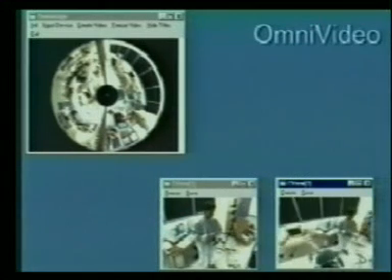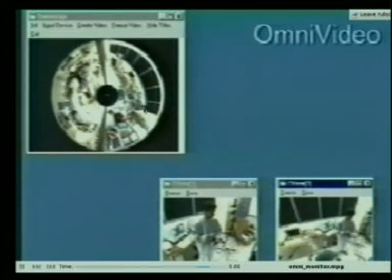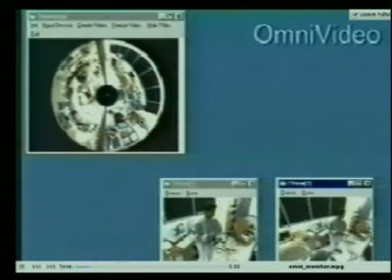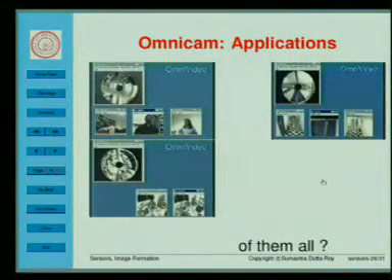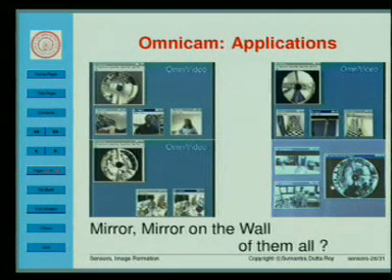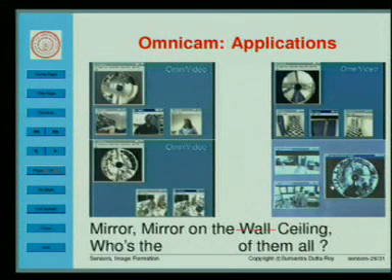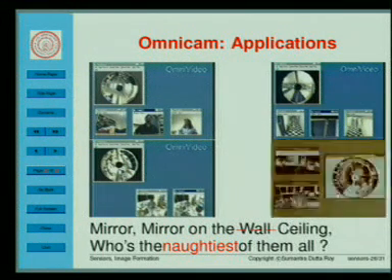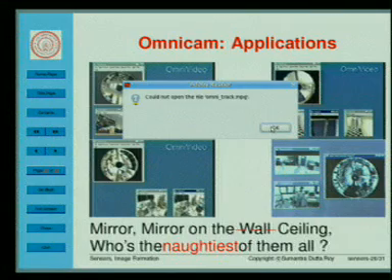And the one on the top left here, this is what the Omnicam actually sees. Remember that little nursery rhyme? Mirror, mirror on the wall or on the ceiling, who is the prettiest, or rather, naughtiest of them all? This is another application.